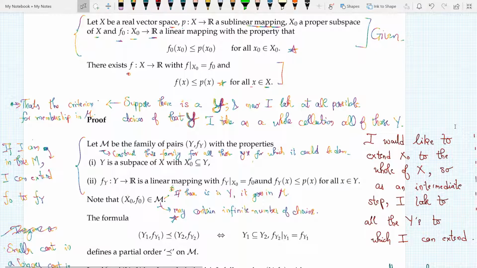Now let M be a family of pairs of Y's and f of Y's with the property. So we are constructing a family of pairs. How are we constructing this family?